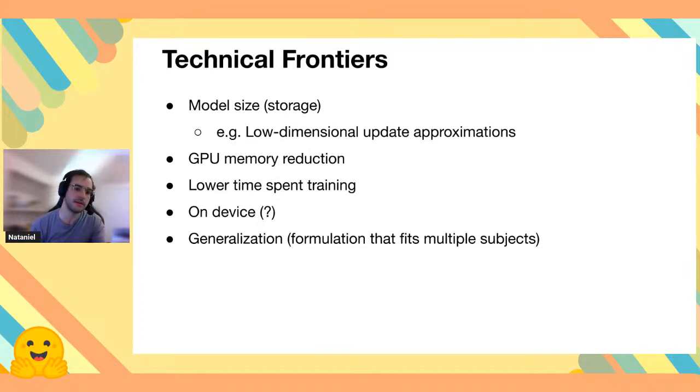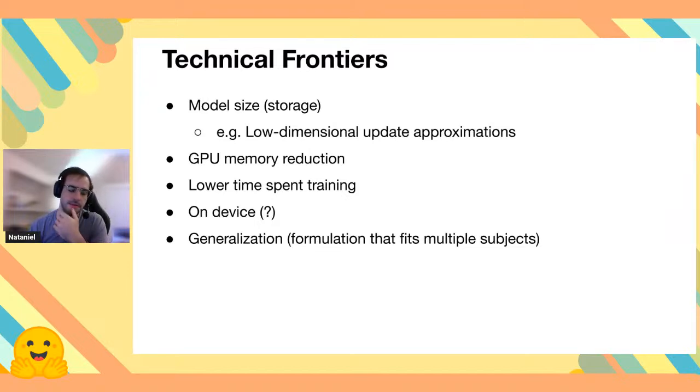You can just fine-tune, for example, the cross attention layers, which is a pretty obvious way of doing it. That would generate a smaller model that still pretty much works. So you can explore lowering the storage size and model size, for example, using low dimensional update approximations.